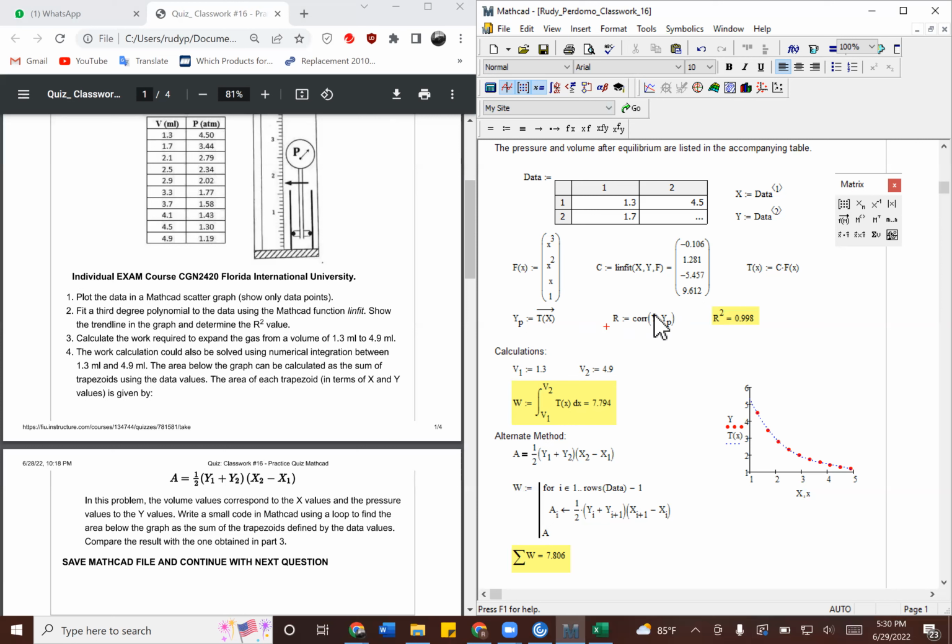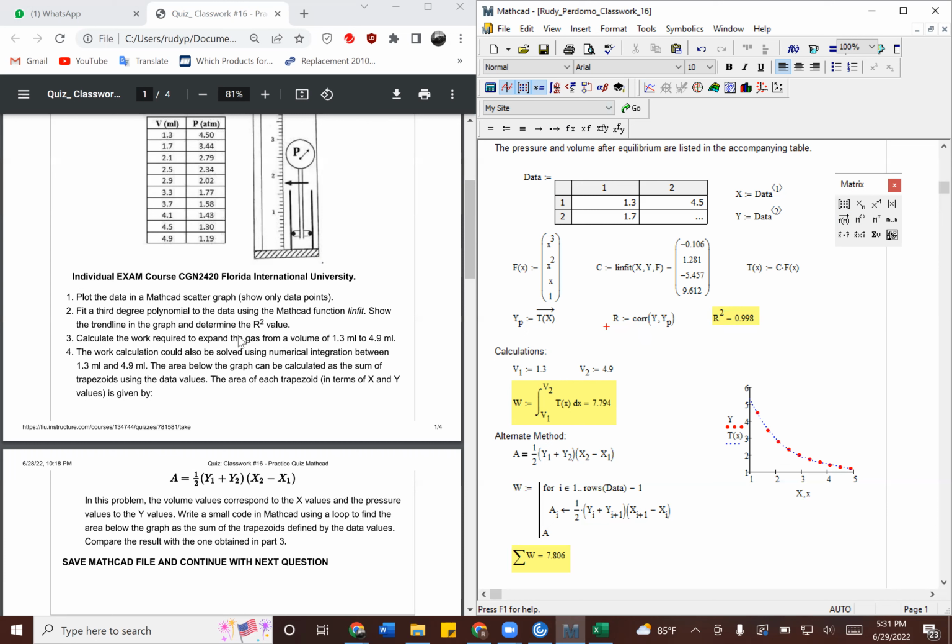What it does is compare these two values, see how correlated they are, and give you R. Then you just square that and you get your R squared. Got it. So that's number 2, part 2 here.